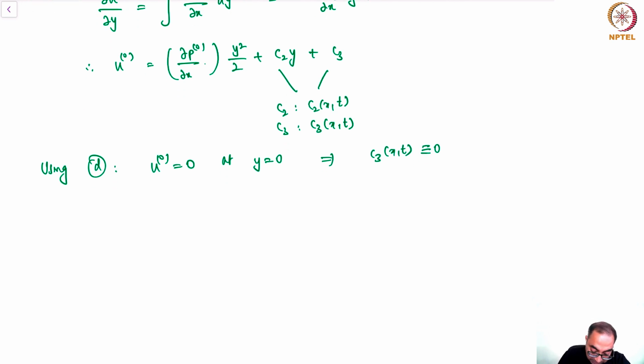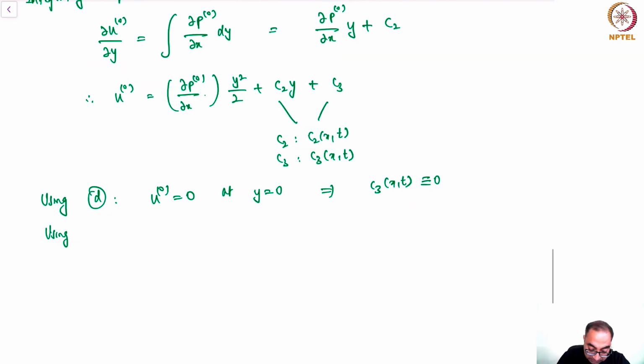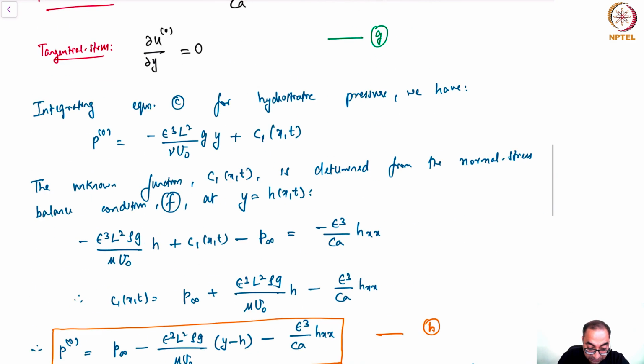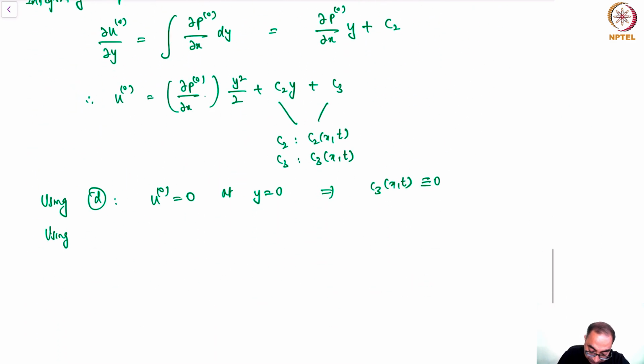And if I use the tangential stress condition, that's equation G, we have del u0 by del y equal to 0 at y equals h.